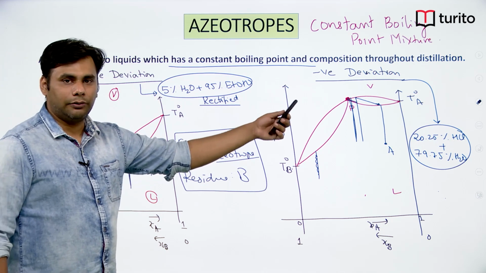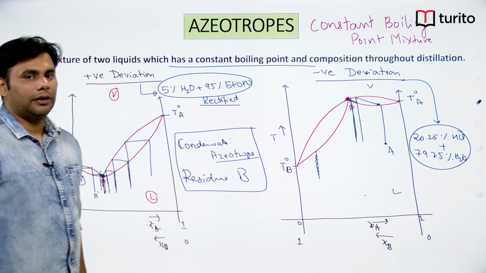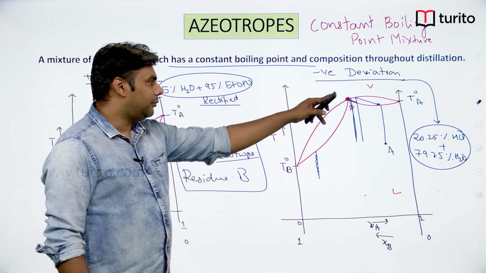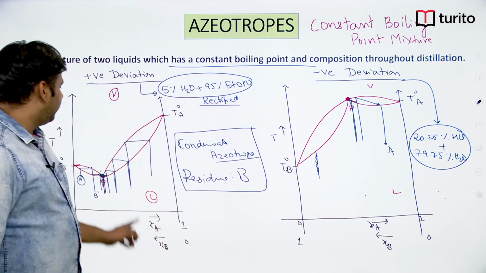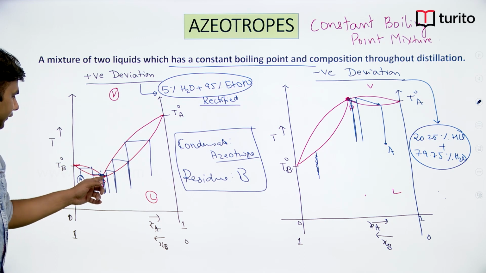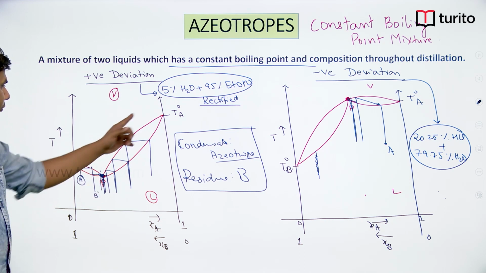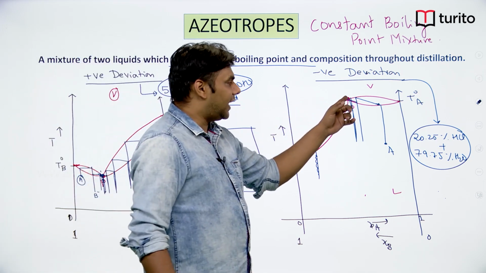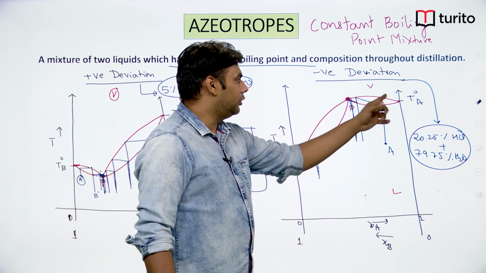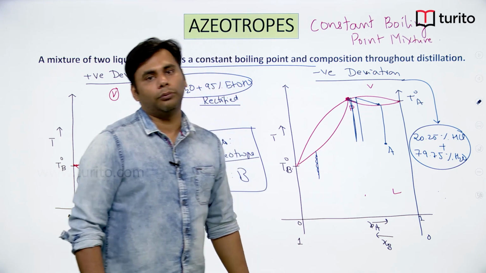In a negative deviation, there would be a maxima in the temperature graph, and that maxima point would be your azeotropic point. So the boiling point of the azeotrope in the positive deviation case would be less than the boiling point of the two pure components, and the boiling point of the azeotrope formed in the negative deviation case would be more than the boiling point of the pure components.